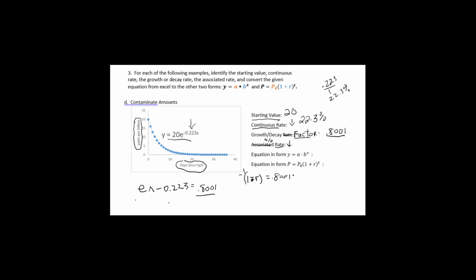Subtract 1 from both sides, and I get a negative r equals whatever this is. And I'm getting 19.98. So that is the rate of decay. It's decaying by 19.98, or maybe even 19.99%, per day, right? Per day.